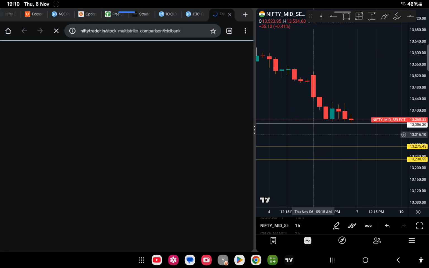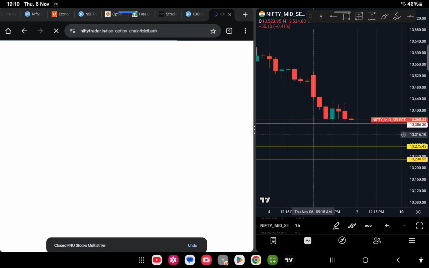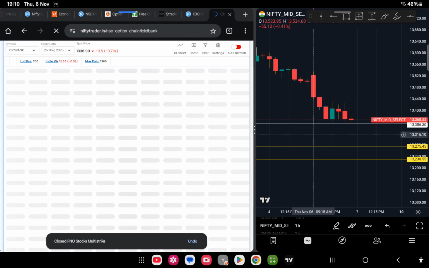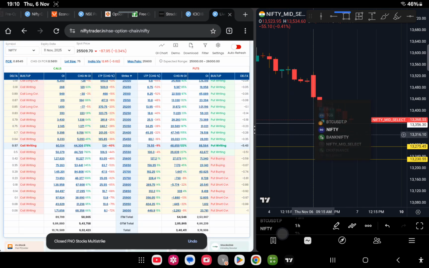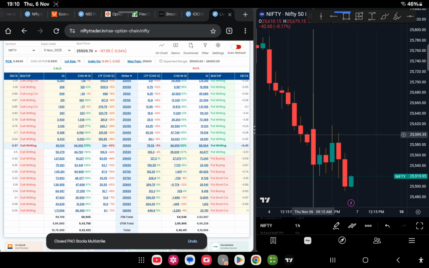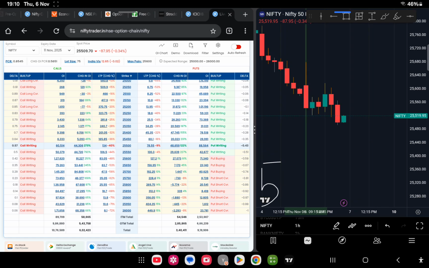Now we'll go to the important part. We'll try to observe the price action. First off, we'll check Nifty. We'll do two things, straddle as well as OTM checking. So this is Nifty for today's data and this is the price action. You could see it's 9 versus 6.